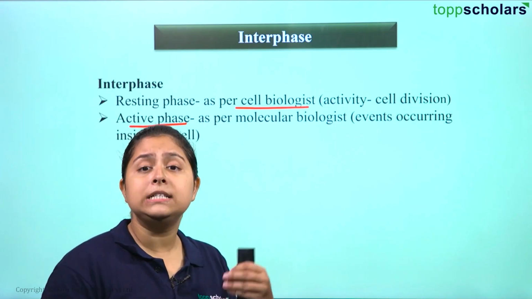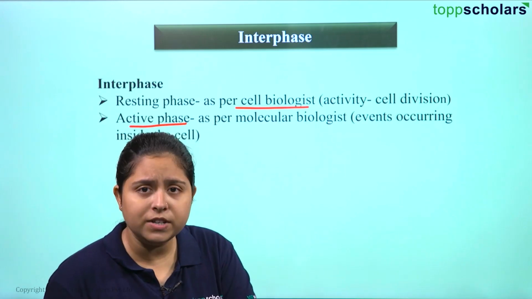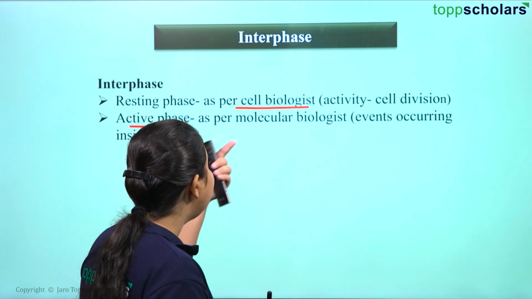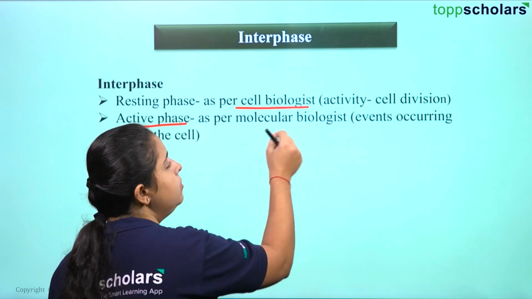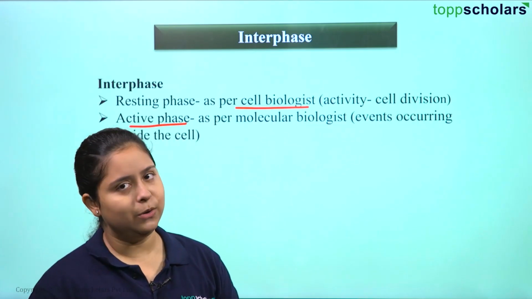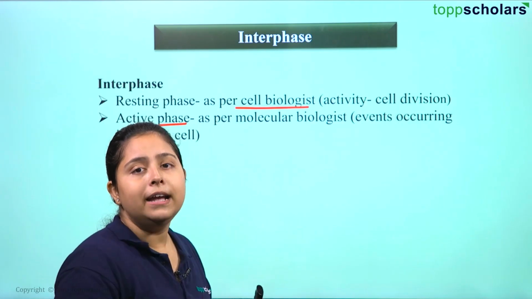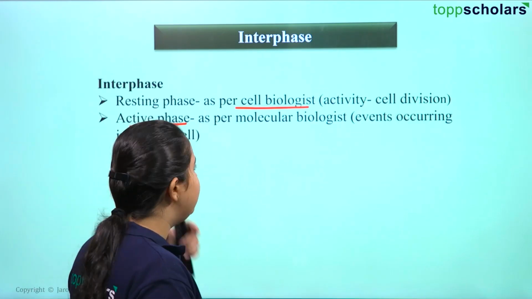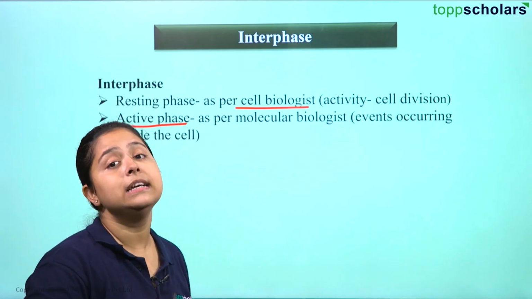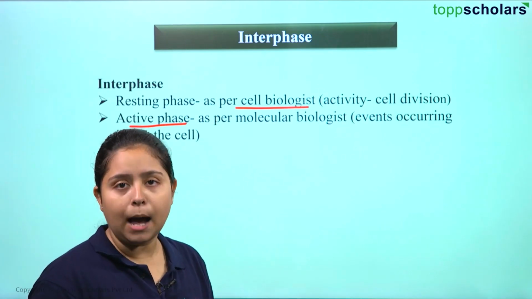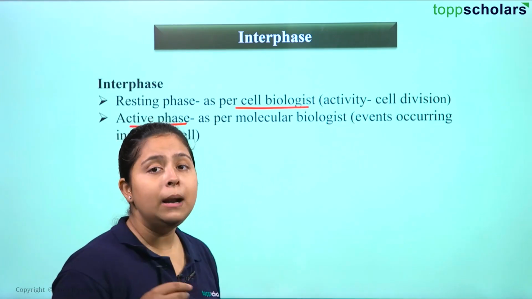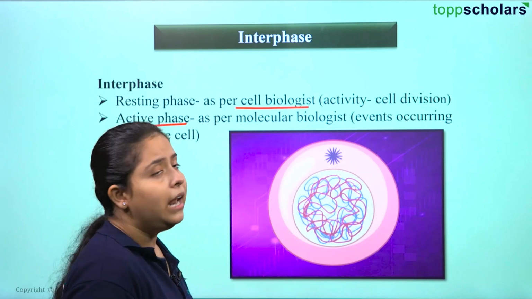That is, it gets ready for the upcoming cell division. That means it is an active phase as per the molecular biologist. So, please remember these two terms. Activity is cell division for a cell biologist and activity is events happening inside the cell for a molecular biologist. Now, let us go ahead.